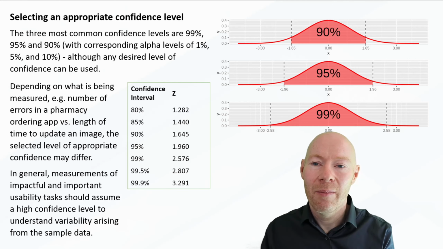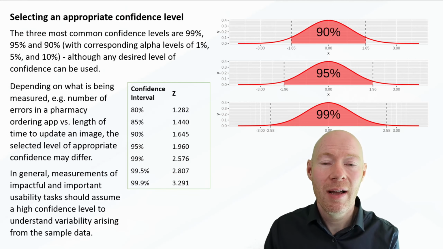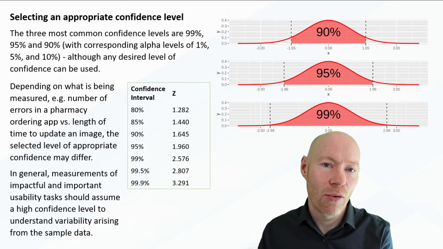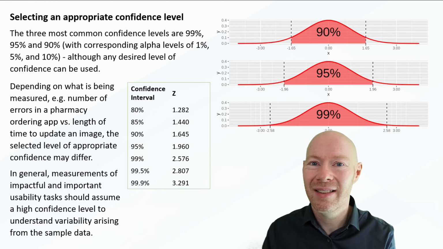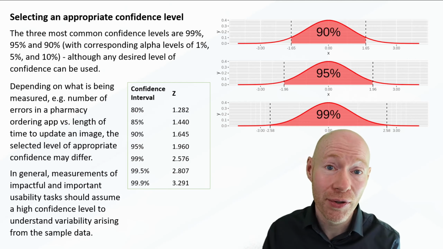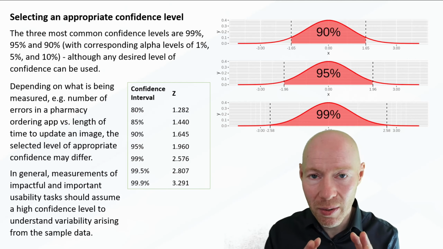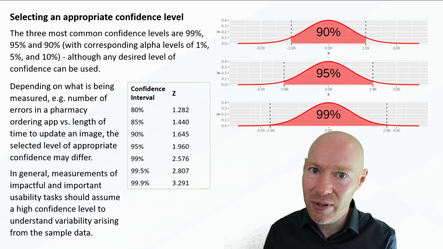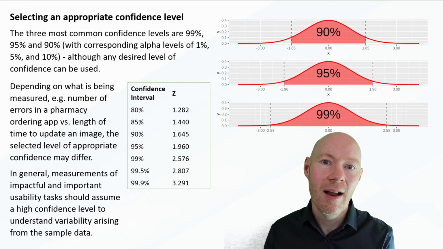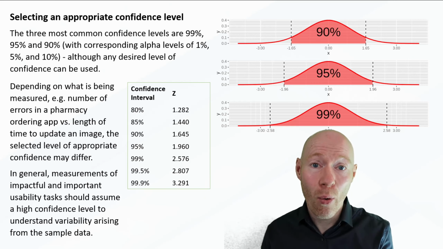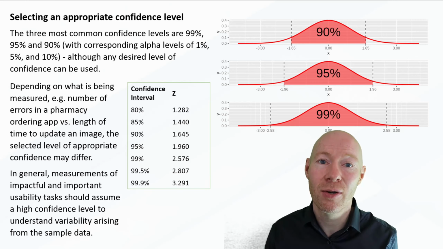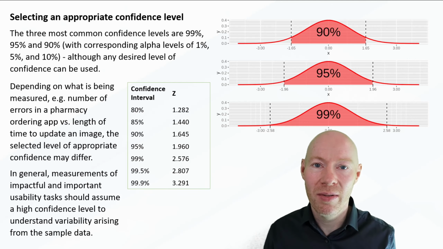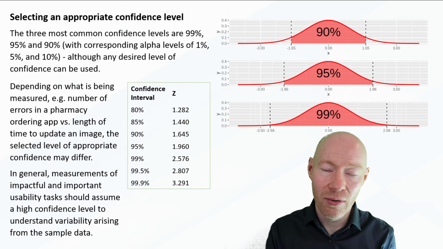For example, if it's number of errors in a task, and if an error occurs there is a significant negative consequence. So there, if you want to be certain about something, that's maybe where you want to go to 99% confidence or beyond that. So always ask, how important is the thing that is being measured? And that will help you determine then how confident you need to be about it.